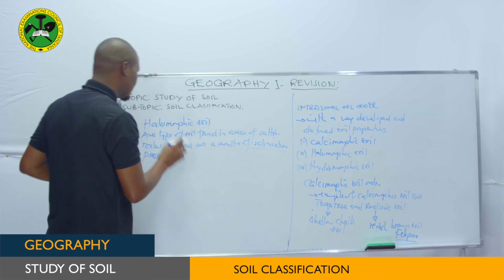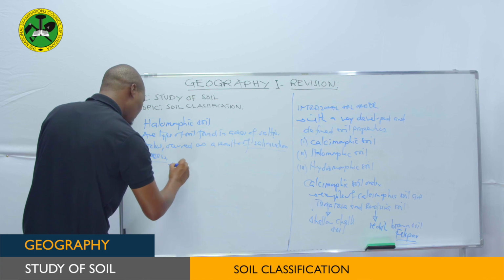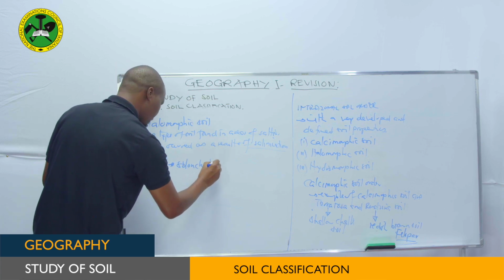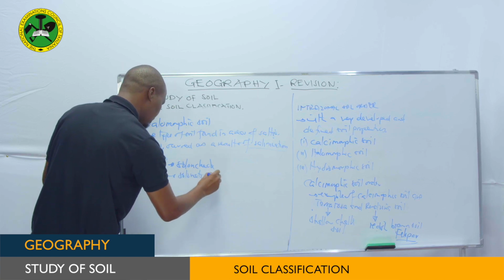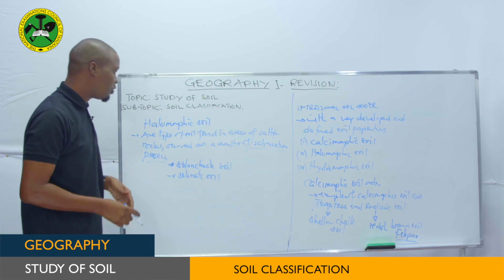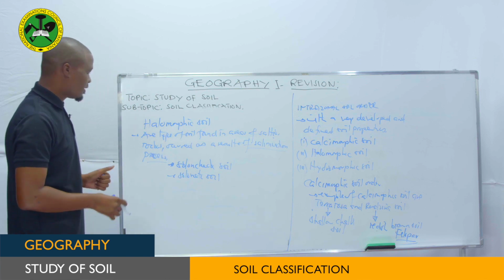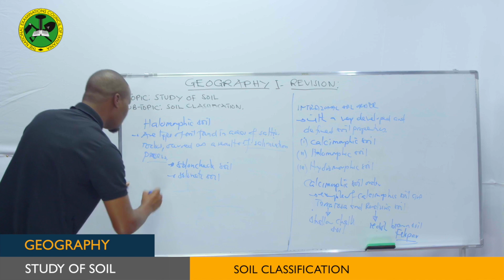Are we together? Examples of halomorphic soil are the solonchak soil as well as the solonetz soil. These are types of halomorphic soil. Then from there, we have another type of soil, which is hydromorphic soil.